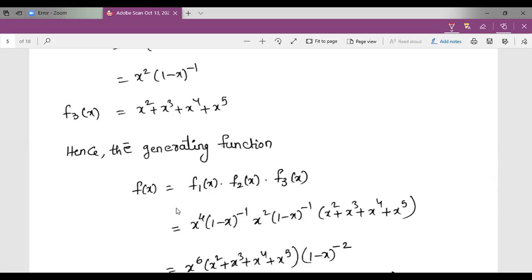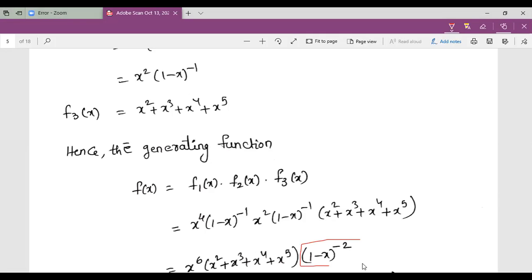Okay, so bases equal, powers add: we get x power 4 into x square, x power 6, and the remaining function x square plus x cube plus x power 4 plus x power 5 into 1 minus x whole power minus 2.